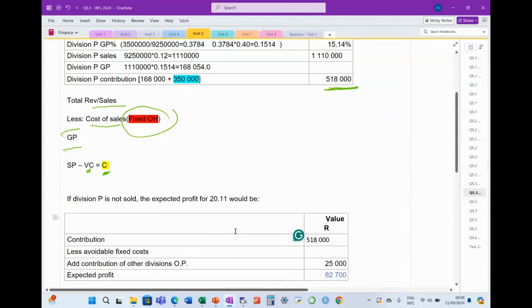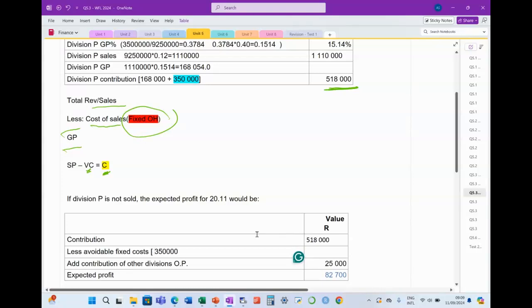So we ask, what are our fixed costs to get the profit? We have a fixed cost of 350,000.